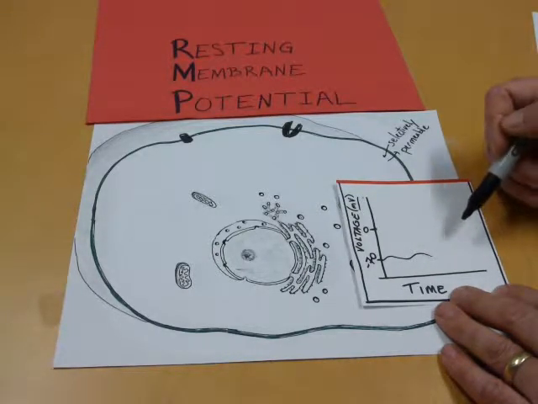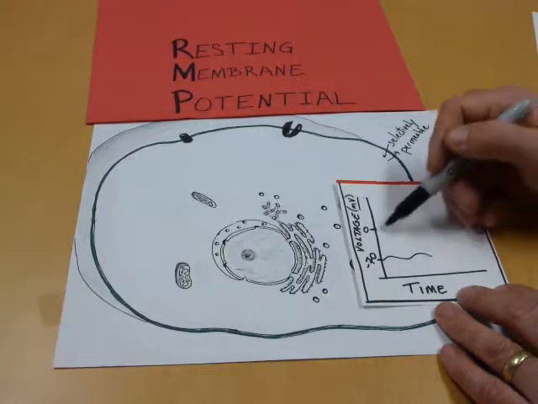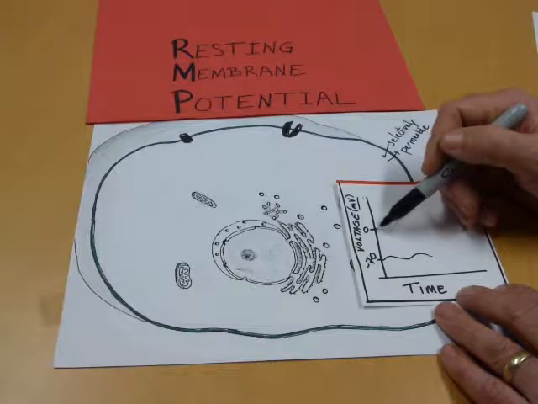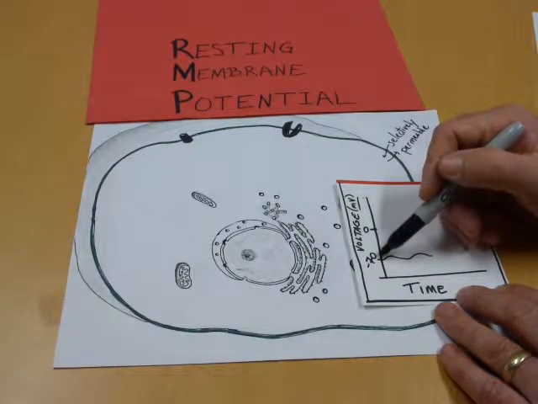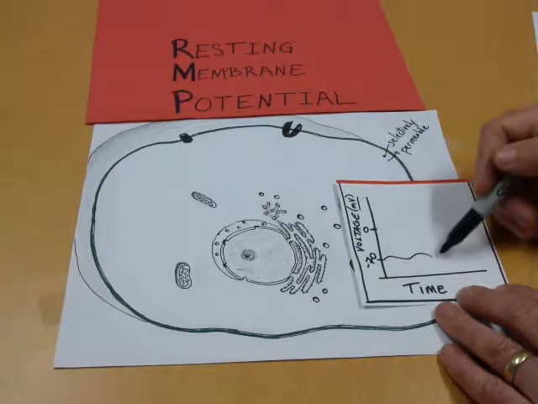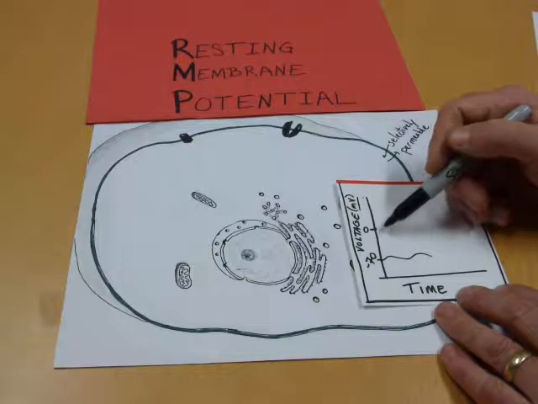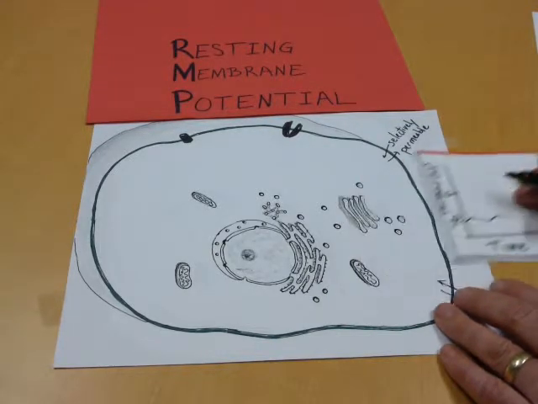Some ups and downs, concept of homeostasis. And we don't want our potential to get to 0. The negative's a little bit strange, but we'll work on that. The idea is we keep that membrane potential fairly steady most of the time, not going to 0. And let's see how that is done.